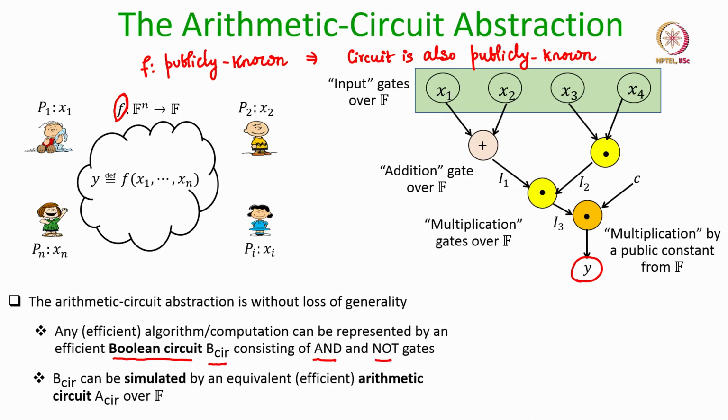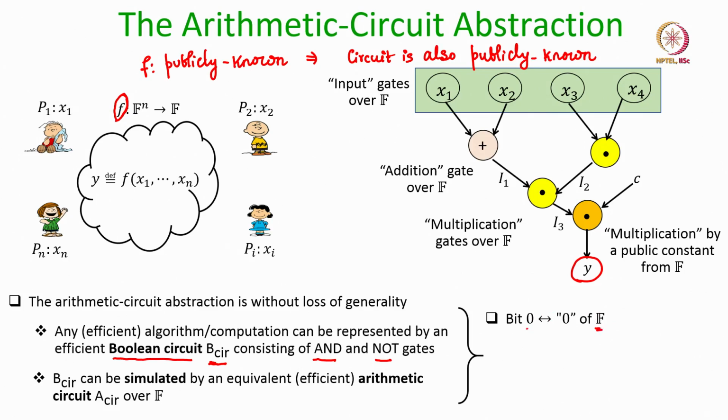That means, whatever is the computation which is supposed to be carried out by that underlying Boolean circuit, corresponding to that Boolean circuit we can always find an arithmetic circuit which also performs the same computation. How can we do that? Well, we can say the following: we take a field and that field will have the additive identity element 0.